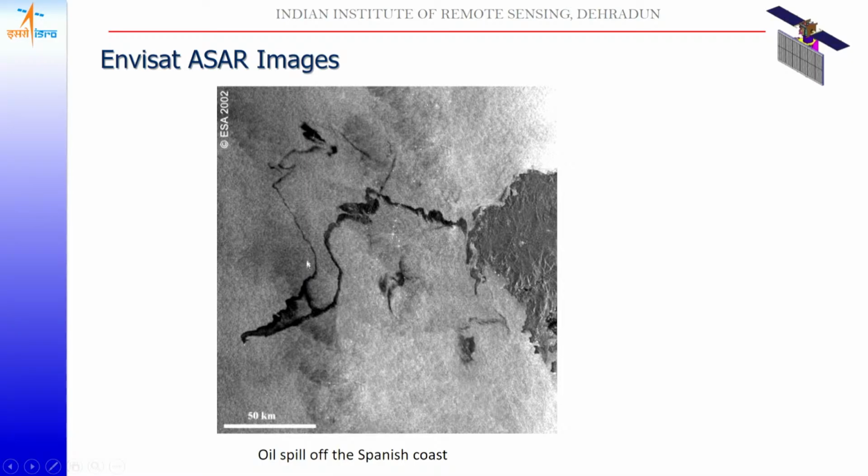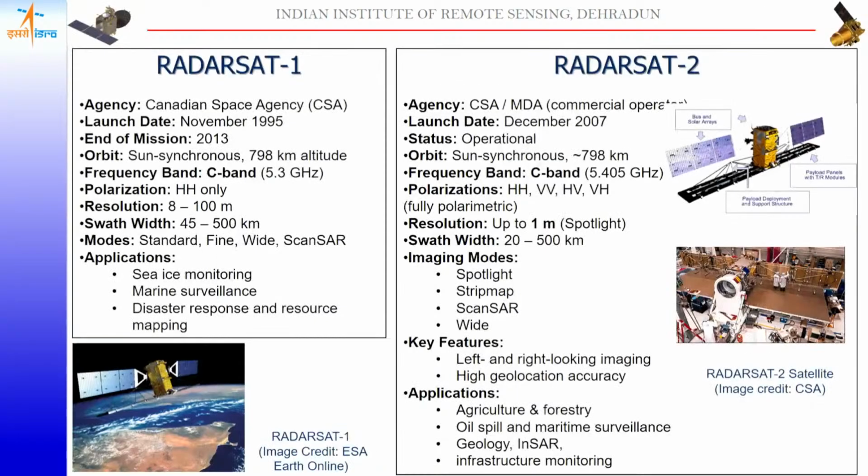You can see how well we can distinguish the oil spill in the SAR image, and we can develop algorithms to detect the oil spill automatically, and to estimate how much area it has covered. So that estimation can be done in the case of SAR images.